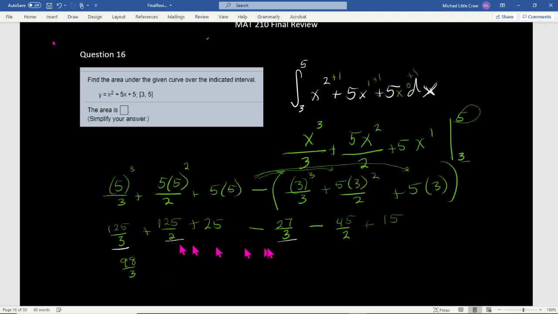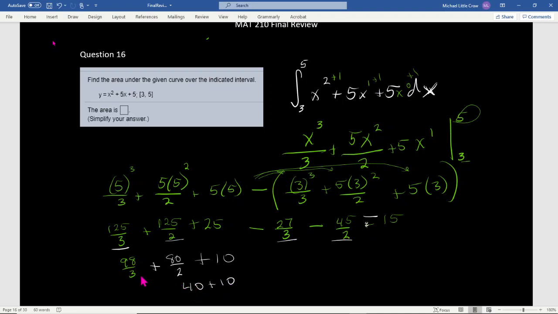Then this one, 125 minus 45, well, that's going to take out 25, takes it down to 100. There's 20 left, so that'd be 80 over 2. And then we get, oops, I almost missed it here, right? This has to distribute through. This is not plus, this is a minus. 25 minus 15 gives us plus 10. Here we get 40, that's good, plus 10.